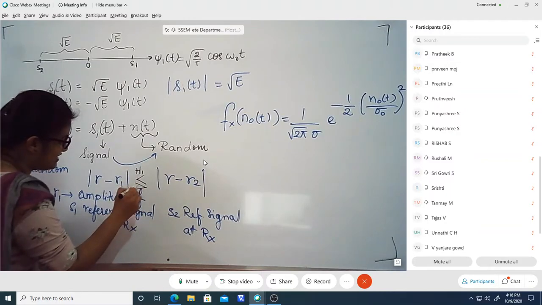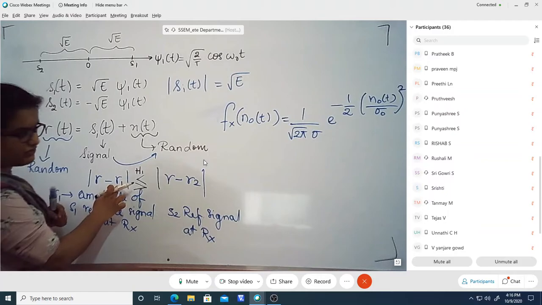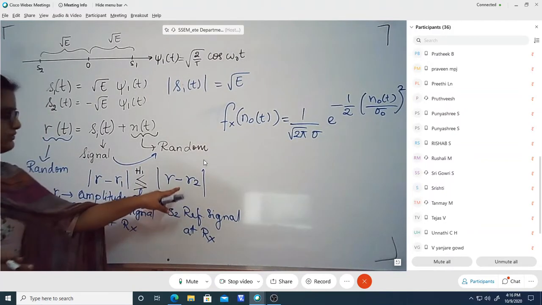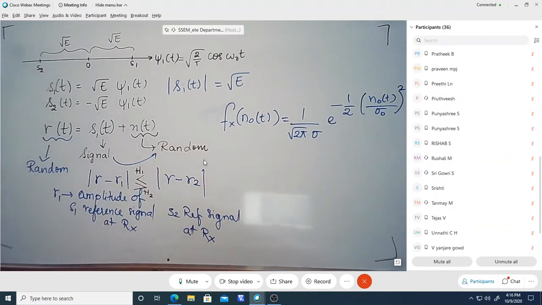If the difference between the received vector and the reference signal is larger than the difference with respect to symbol s2, then we decide in favor of symbol s2, that is, hypothesis H2. This is the method we normally come across in the detection process using a matched filter, or coherent detection.